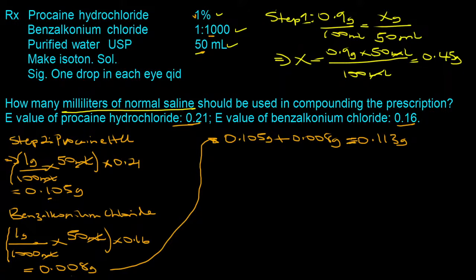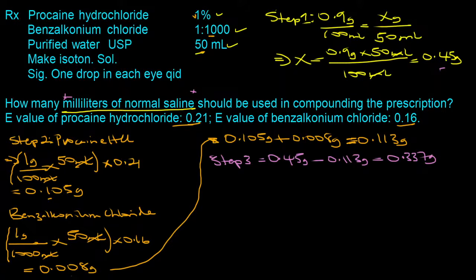So once you're done with that, then you can speedily move on to step 3, which is 0.45 grams minus 0.113 grams, and that's going to be equal to 0.337 grams.